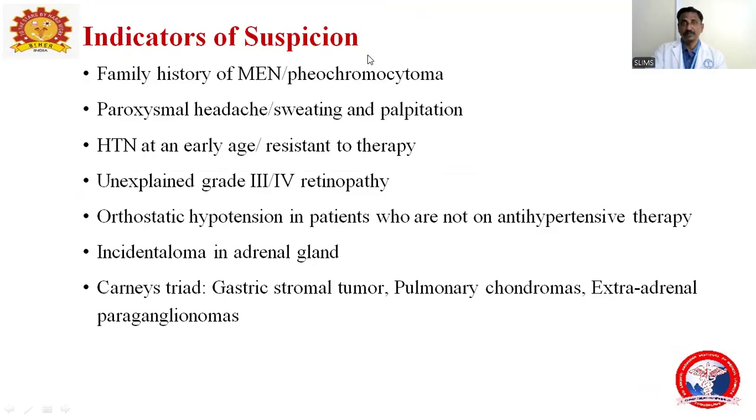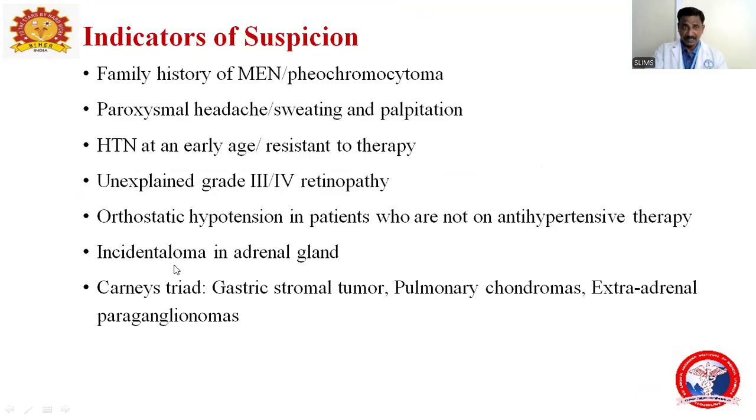Indicators of suspicion of pheochromocytoma: family history of multiple endocrine neoplasia or pheochromocytoma, paroxysmal headache, paroxysmal sweating and palpitation, hypertension at an early age that is resistant to therapy, or unexplained grade 3 or grade 4 retinopathy. Orthostatic hypotension in patients who are not on antihypertensive therapy.